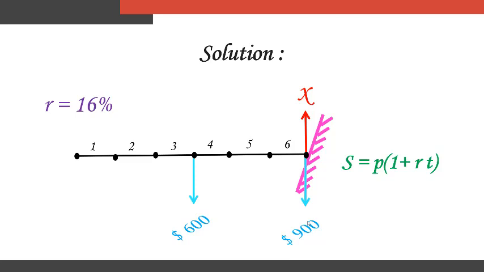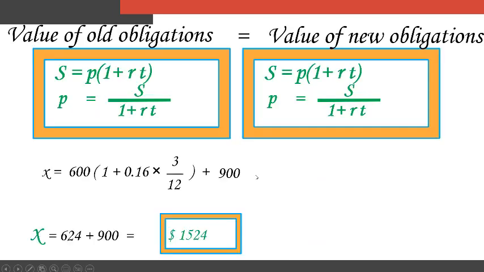In general, the old obligations use the amount formula, where the value of old obligations equals the value of new obligations, and where the focal date lies after the maturity dates of old and new obligations, then the amount of old obligations equals the amount of new obligations.